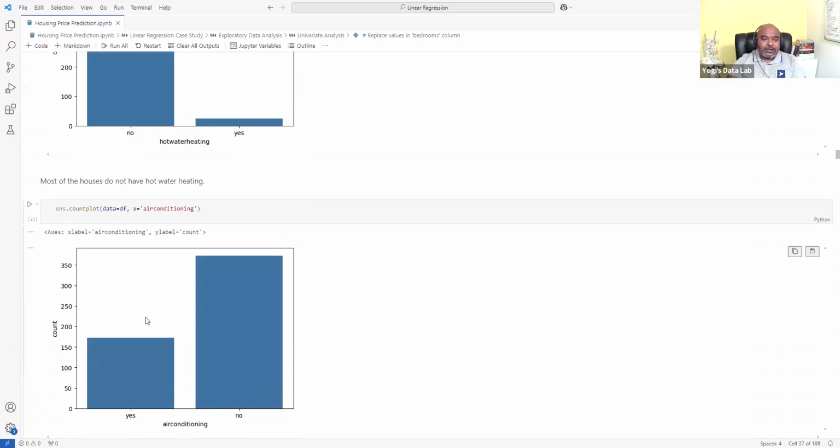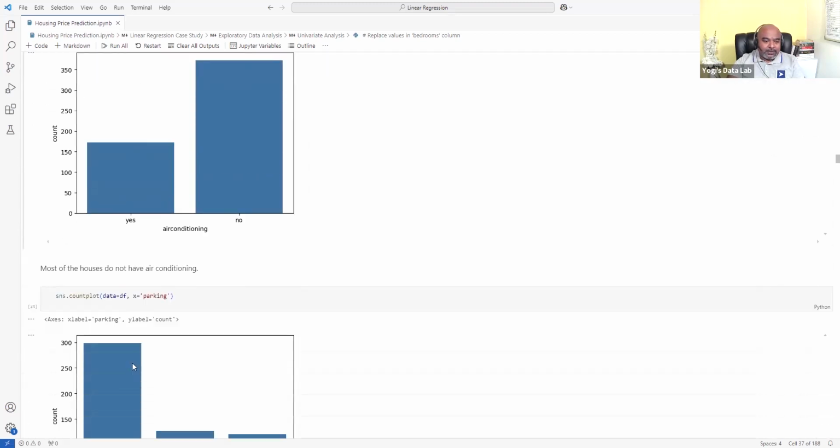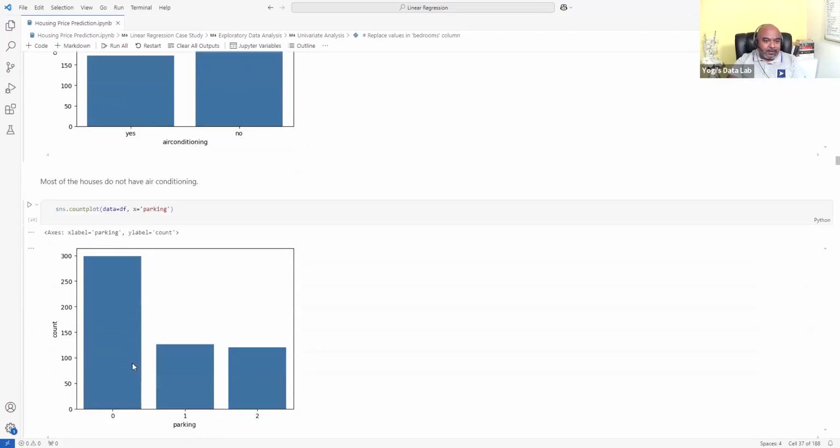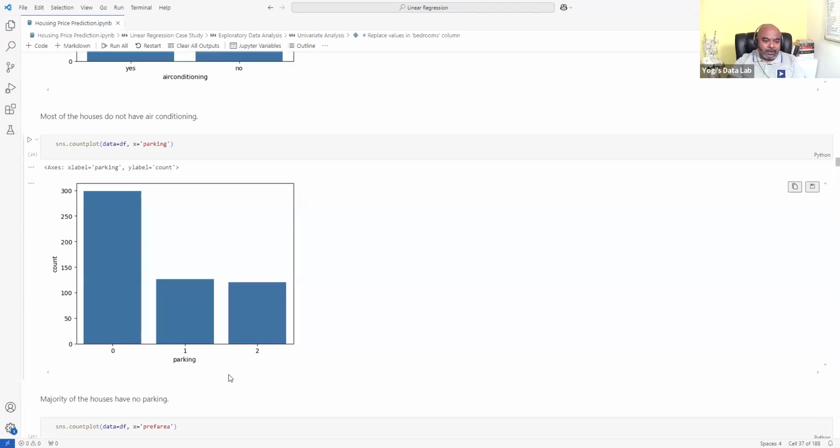When you look at air conditioning, most of them don't have air conditioning. Few of them have air conditioning. Okay. Parking 0, 1 and 2. This we have just merged. So we can go with this. And it shows that most of the houses don't have parking even.